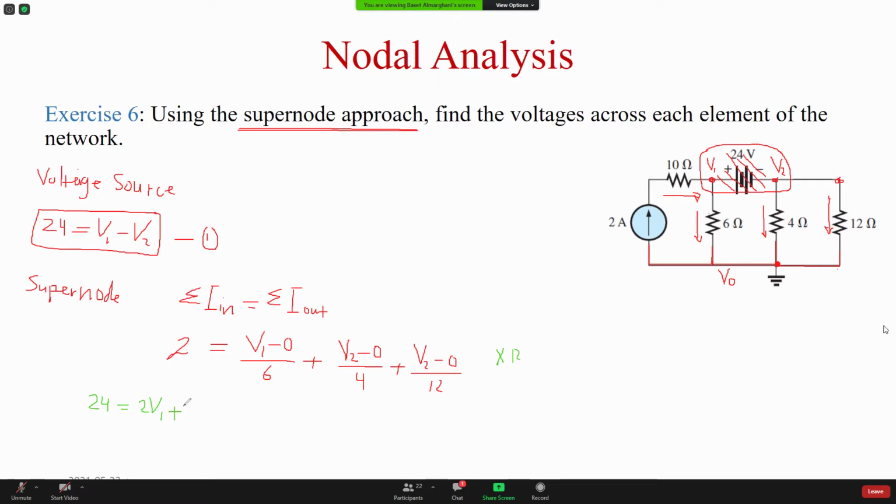Then this is 3V2 plus V2. So it's 24 equals 2V1 plus 4V2. This is the second equation.